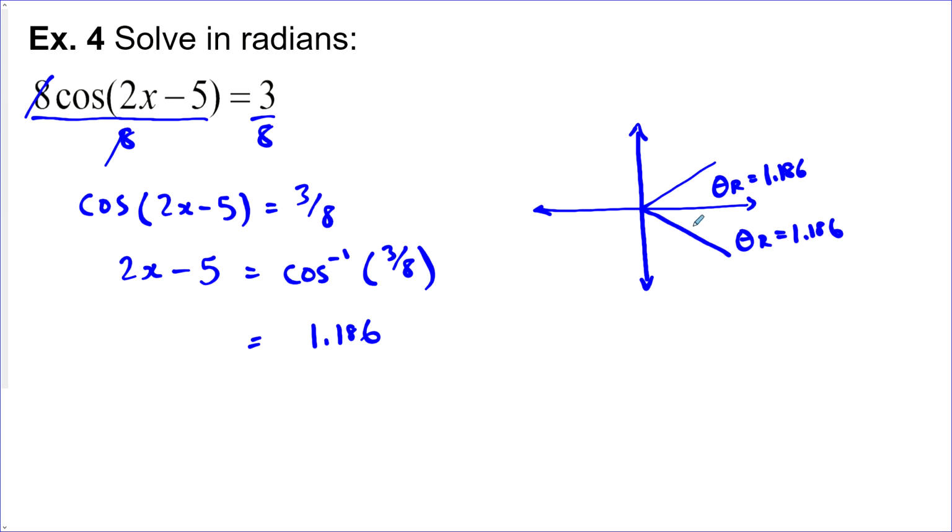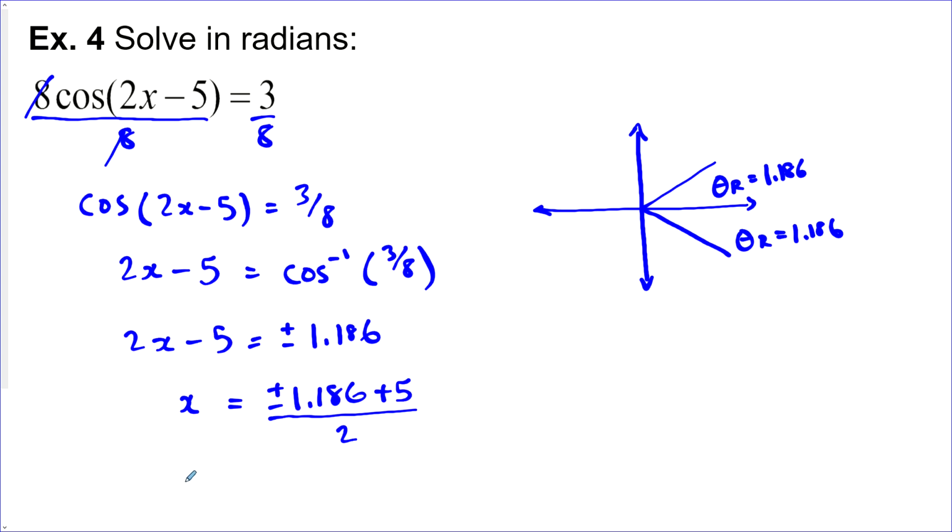Now if I actually wanted to find that right angle, though, I could just call it negative 1.186, and so that's what I'm going to do. I'm going to call the angle in quadrant 1 positive, and the angle in quadrant 4 negative. And then I'll do some algebra and solve for x. So x is equal to plus or minus 1.186 plus 5, all divided by 2.